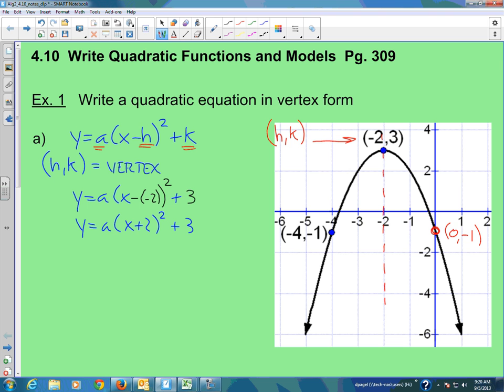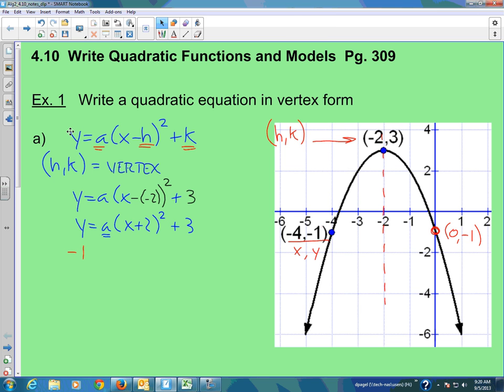Now the problem is we still don't have a value for a. Well, that's where these other coordinates are going to come in. So we had (-4, -1). And that is an x and a y value. So I can use those coordinates and plug those values into our equation. So I can take the -1 and plug it in for y.